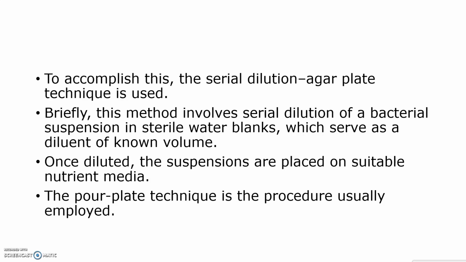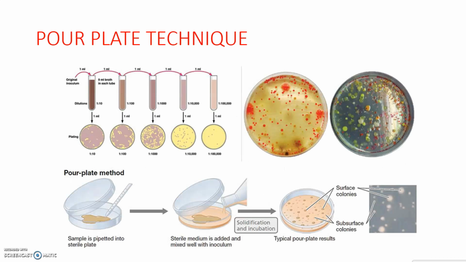And the pour plate technique is the procedure usually involved. Mainly this technique is a serial dilution of the bacterial suspension. So let's check how this method works. This is the brief picture of a serial dilution technique. Here is the organism, a mixture of colonies.